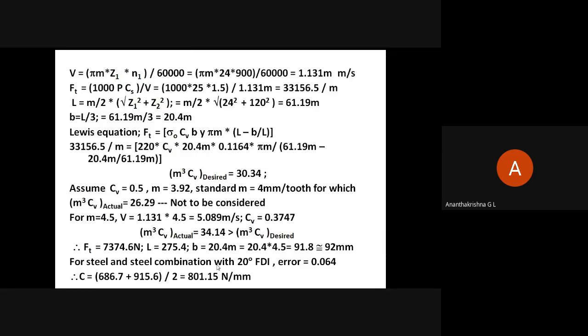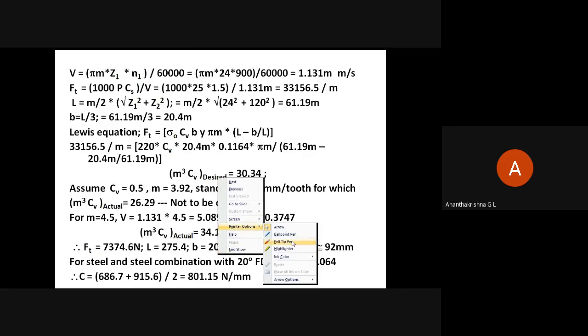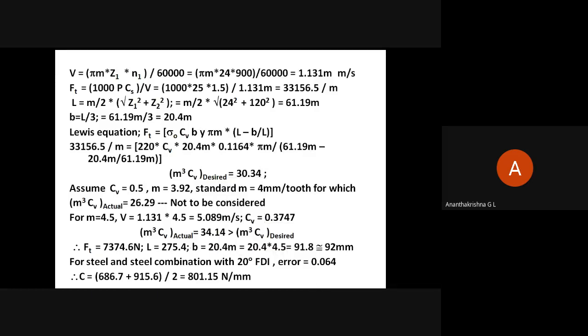One thing that we need to know, please listen, all of you. The value of beam strength per gear design we used to find using the Lewis equation. But here, since the entire procedure of solving is a little longer, we just multiply the module with B equal to L by 3, the equation that we have taken. So whatever module we find, multiply with that module and round it up to the next whole number.